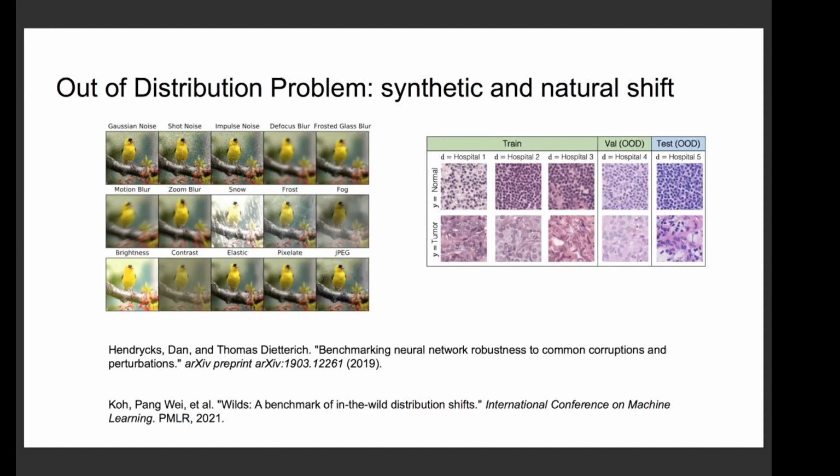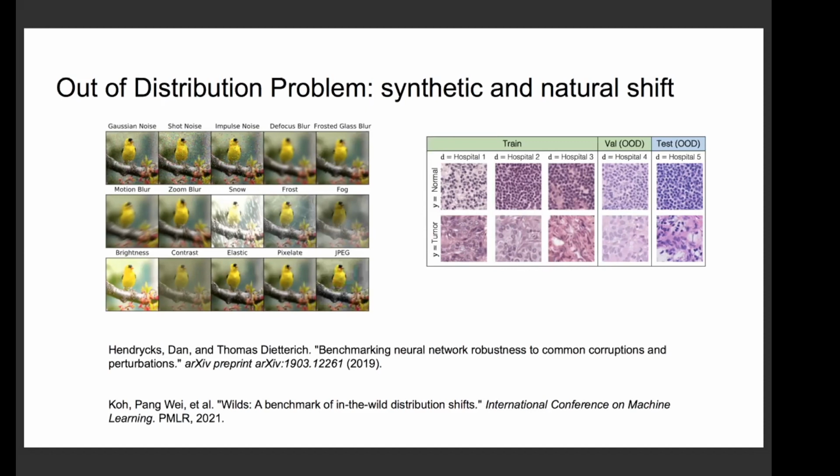Here we are interested in a situation where the test data will shift. The test data can shift in many ways. It can shift due to corruption in the way the data was collected, but it can also be due to natural shift.